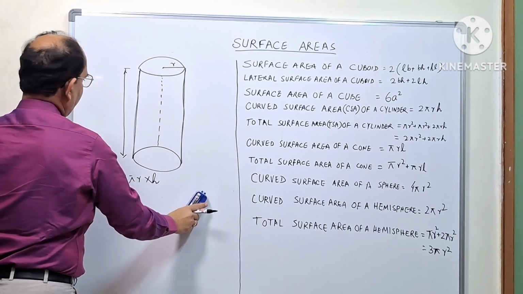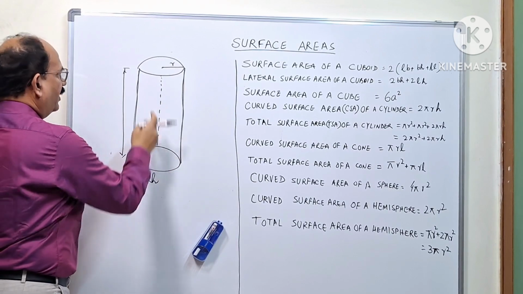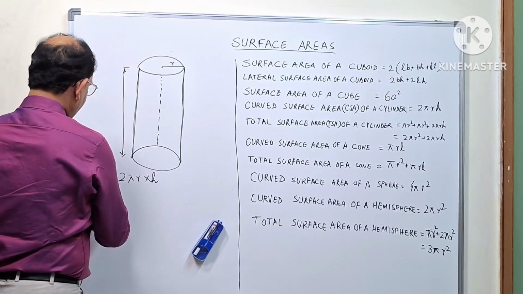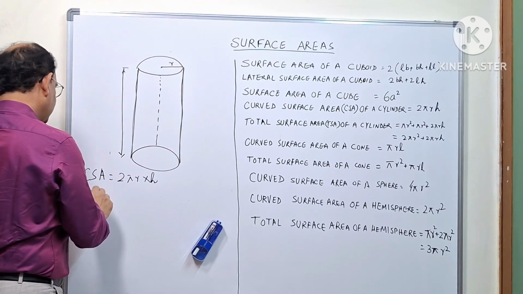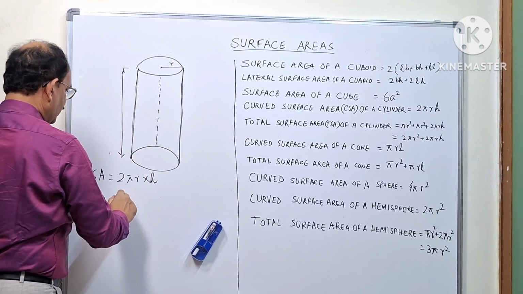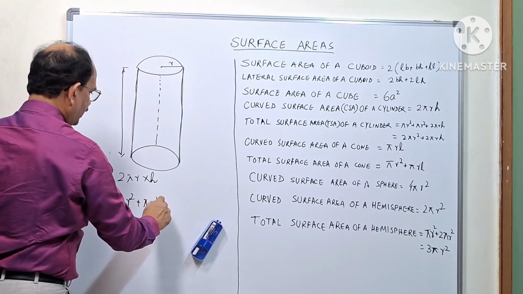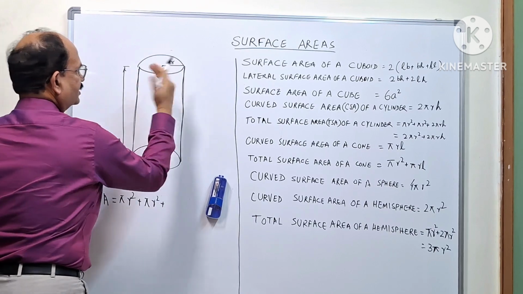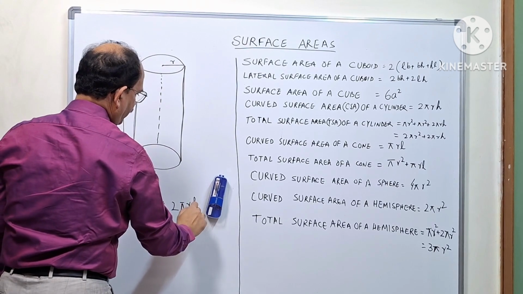If we consider the total surface area of the cylinder, then the base circular part and the top circular part also come into consideration. The base is circular, so pi r square, the top is again circular, so pi r square, and then the curved surface area we just learned, which is 2 pi r into h.